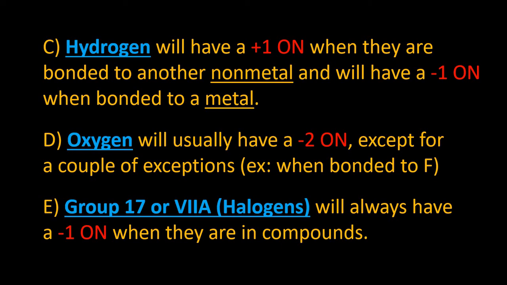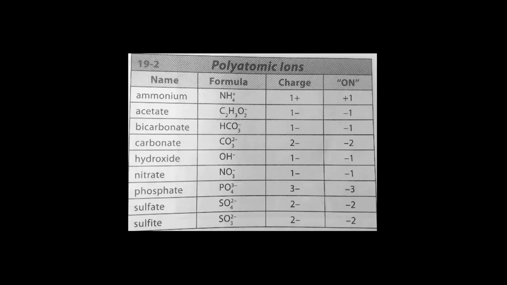Okay, oxygen will have a -2 oxidation number, except for a couple exceptions, primarily when it's bonded to fluorine, because fluorine has a lower electronegativity. Just realize it bonds more easily. So oxygen, just assume, unless it has to be different, that oxygen has a -2 oxidation number.